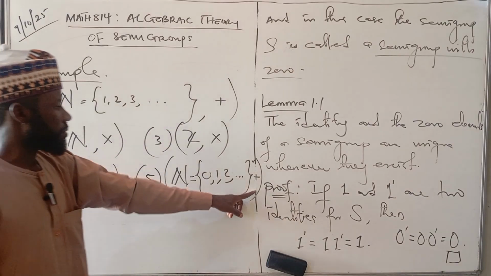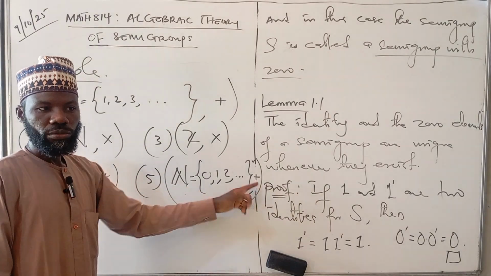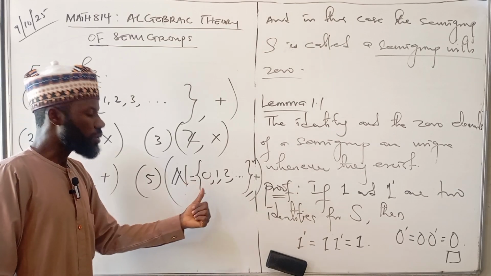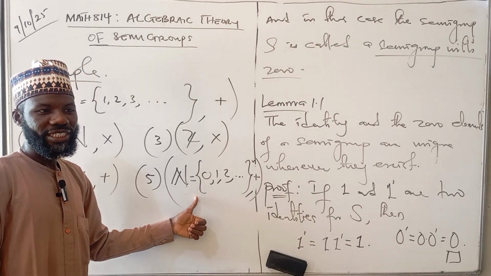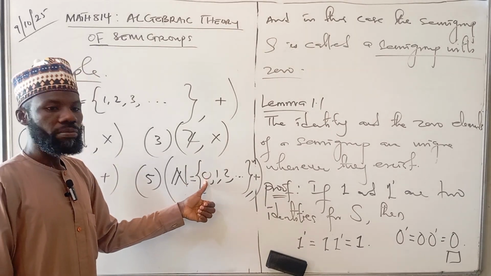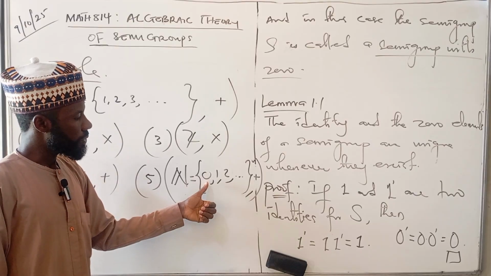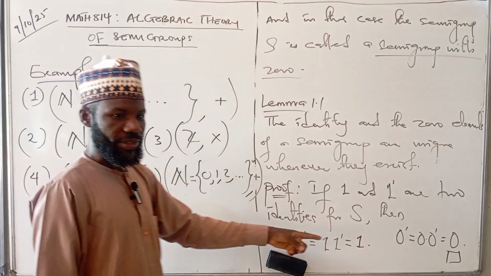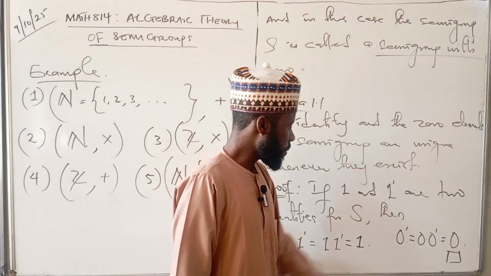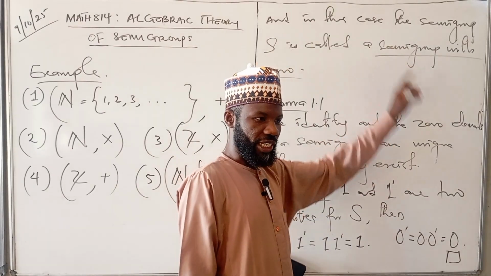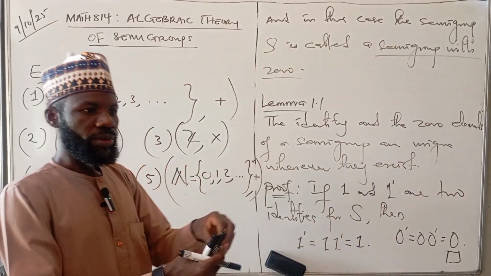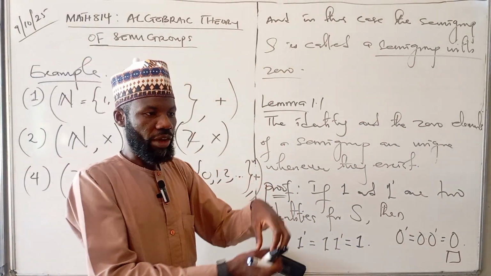But look at this semigroup. This is a semigroup also, because the operation is associative. This one has identity. And what is the identity here? The number 0. So this 0 is not talking about the 0 element. Even when we write the 0 element in general as 0, we are not saying the number 0. I hope it's okay.